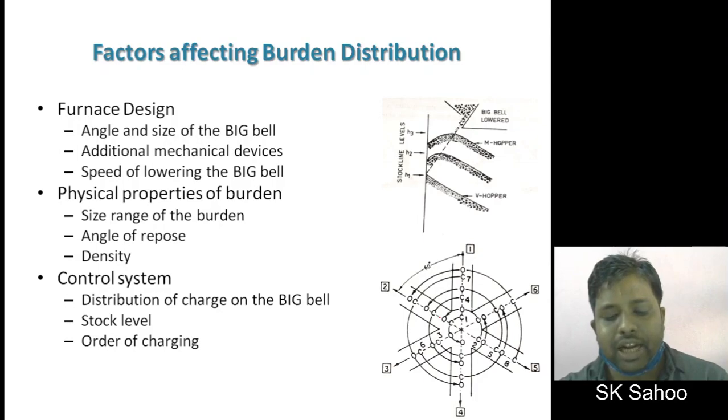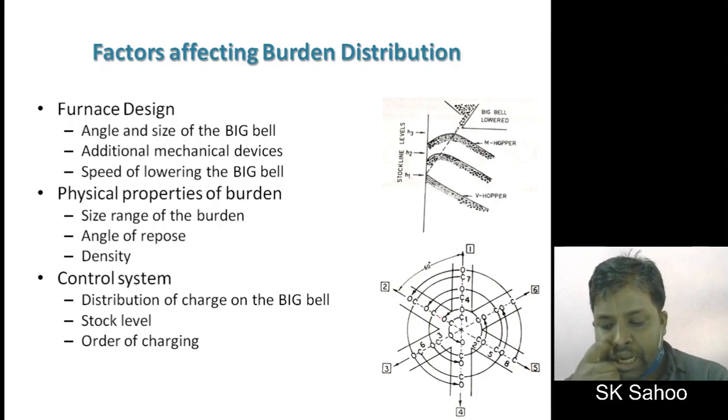And when the clearance is less, that means more fines at the wall, forming V contour. The permeability of the whole improves with a crest reasonably away from the wall. In other words, it accounts for keeping the clearance between the big bell and the furnace wall as large as possible, or having a large throat to bell diameter ratio. The normal clearance is nearly 800 to 1000 millimeter, or a good throat bell dia ratio seems to be 1.36.